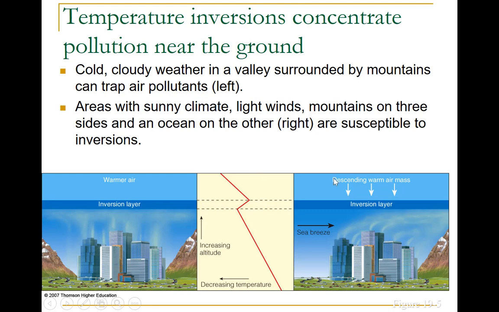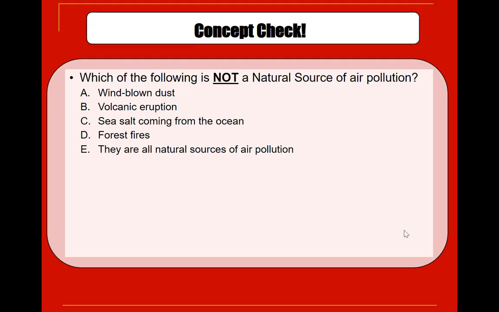Or on the right, areas with a sunny climate, such as Southern California, and light winds, with mountains on three sides and ocean on one side, are also susceptible to inversion. The ocean breeze transports the pollution, you have mountains all around, and as a result an inversion layer can arise, causing the pollution to be trapped close to the ground.